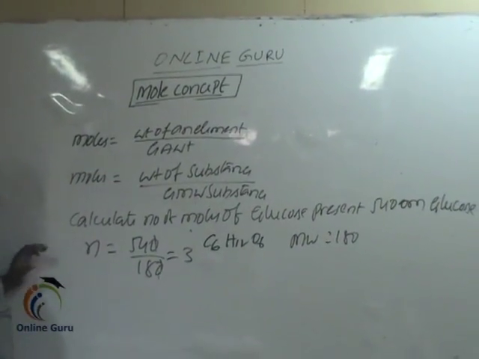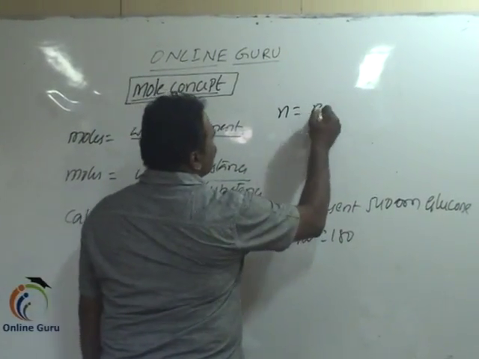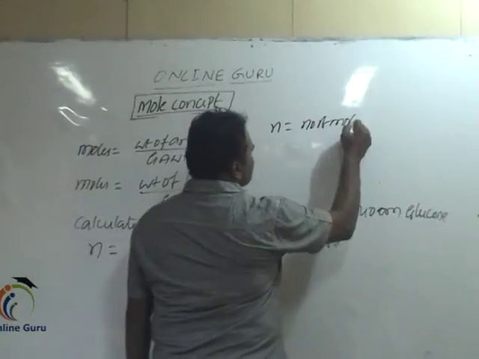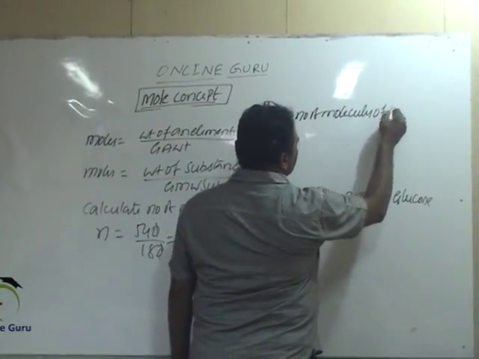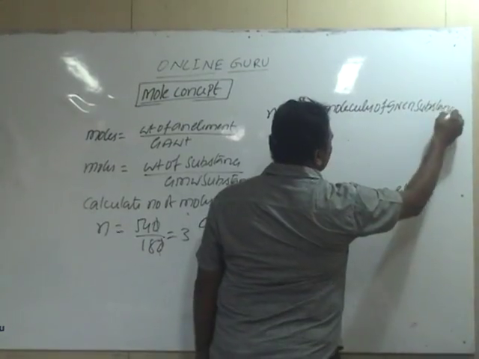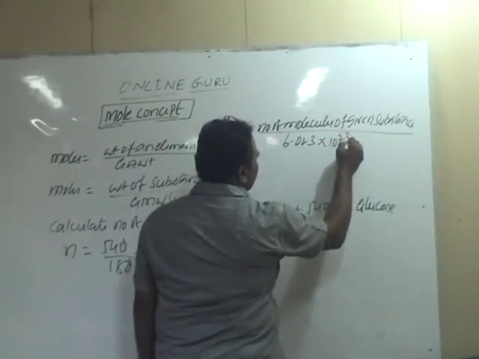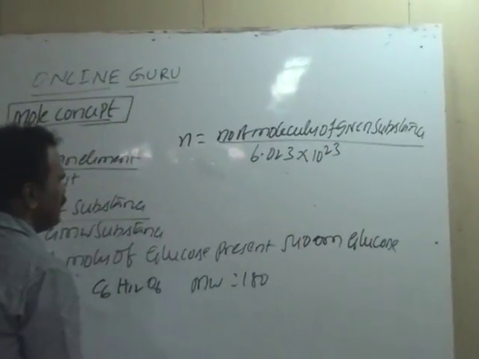Similarly, number of moles equals number of molecules of given substance divided by Avogadro number. 1 mole of any substance contains Avogadro number of particles.